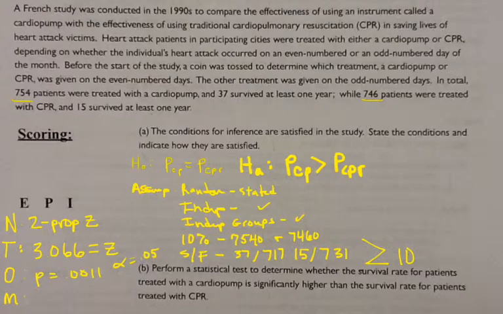So what you said earlier, we're going to reject our null hypothesis because my p-value of 0.0011 is less than my alpha of 0.05. We have provided strong evidence to suggest that for people treated with the cardio pump, the proportion of people, the survival rate, is higher than the survival rate for the people treated with CPR. Okay. All right? And then you stop. And that's it.